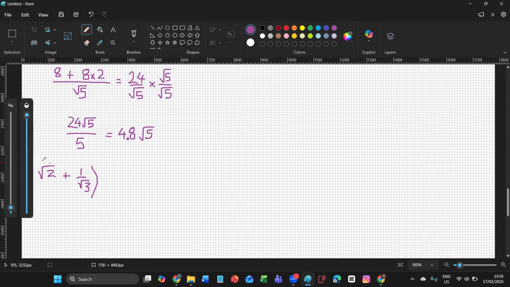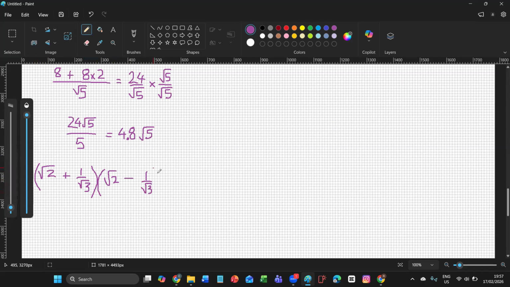And then if you notice in the bracket, I think they just changed the plus to minus. The second bracket simply changes plus to what? Minus 1 over sod 3.